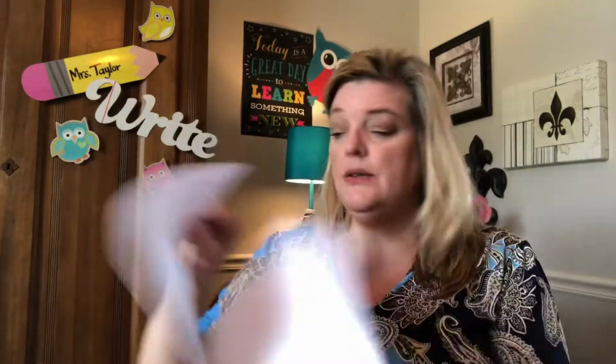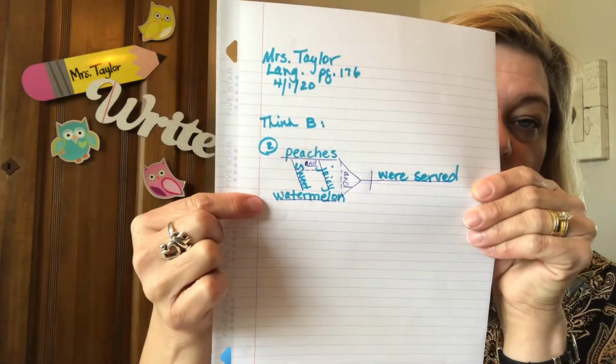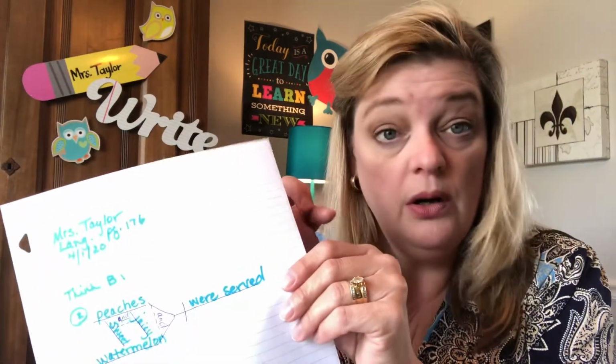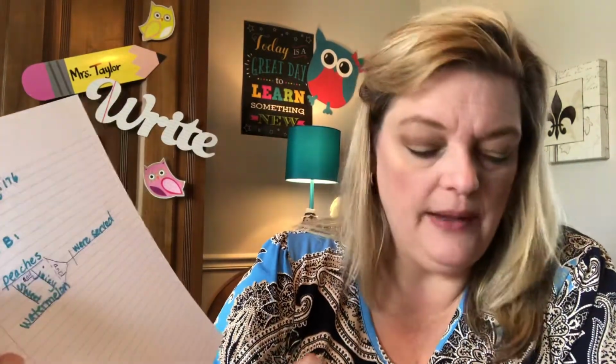All right? So, here we go. I showed you number 2. It says, sweet and juicy peaches and watermelon were served. Who or what was served? Peaches, watermelon. What did peaches and watermelon do? They were served. What kind of peaches were they?